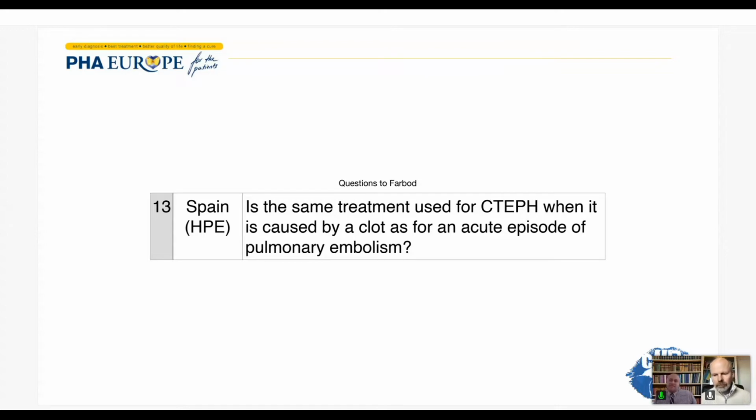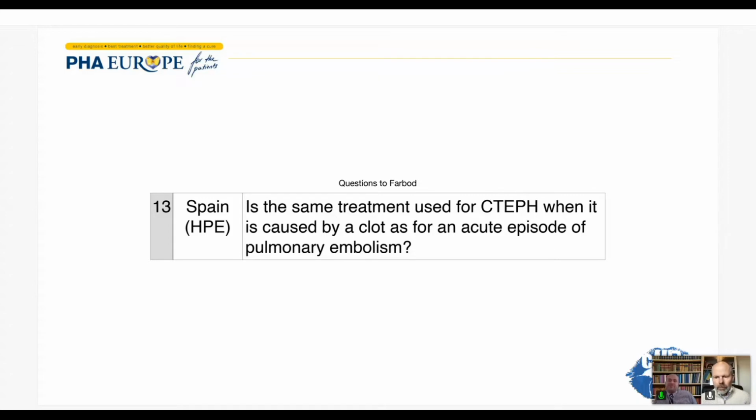We use the same blood thinning strategy for CTEPH, because the treatments for an acute episode of pulmonary embolism are either mechanical interventions, clot busters, or blood thinners. So the only part of that it shares with CTEPH is the blood thinners.